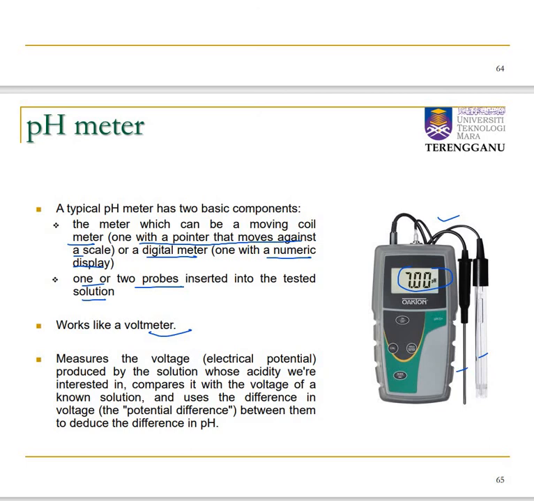It will measure the voltage, also known as the electrical potential, produced by the solution whose acidity we are interested in, and it will compare it with the voltage of a known solution, same as I explained before. It uses the difference in voltage between them to deduce the difference in pH. So by measuring the voltage, we can measure the pH.